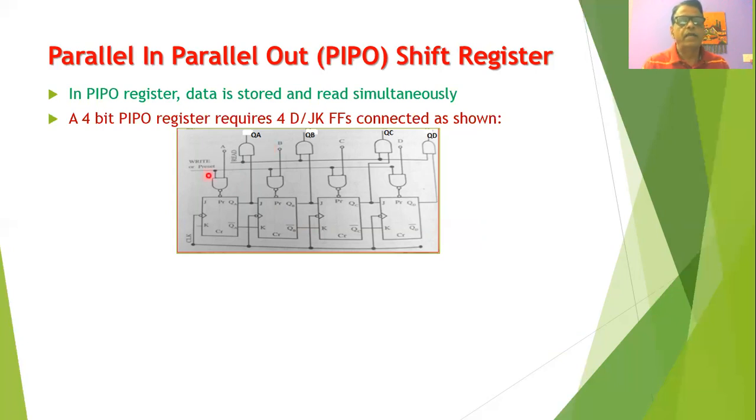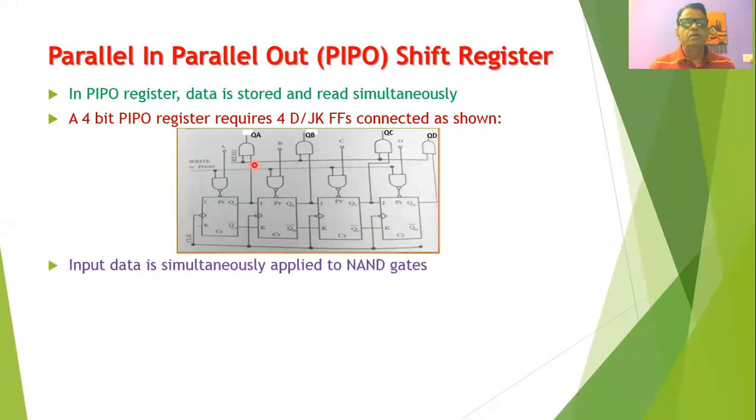So whenever the write or preset enable input is activated, then the data is stored, and whenever the read control is activated, then the data can be read parallelly or simultaneously. So in this case, the data is applied to the NAND gates as we have discussed in earlier case, and the output of the NAND gate is connected to the preset input of each flip-flop.